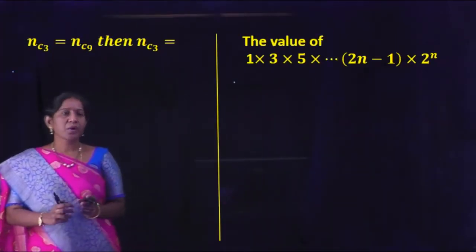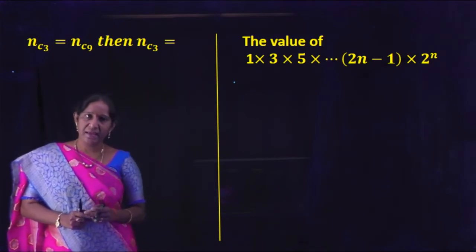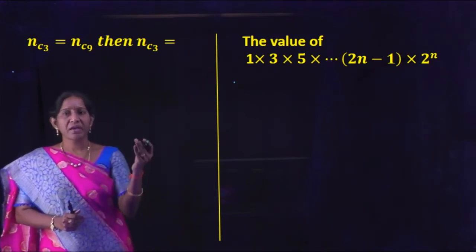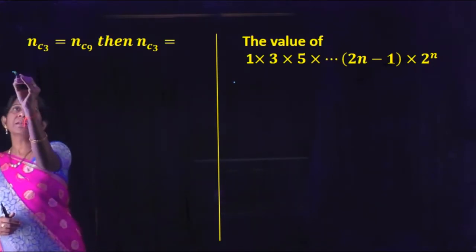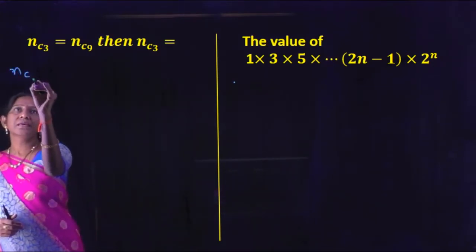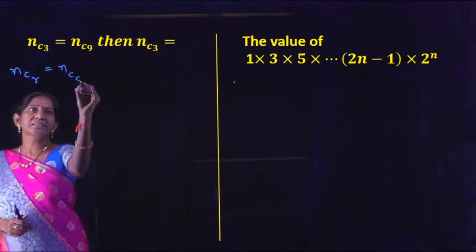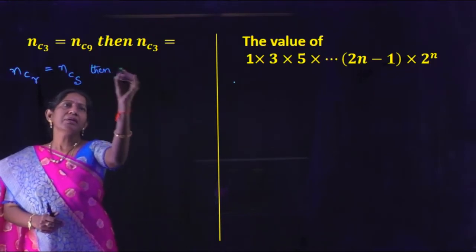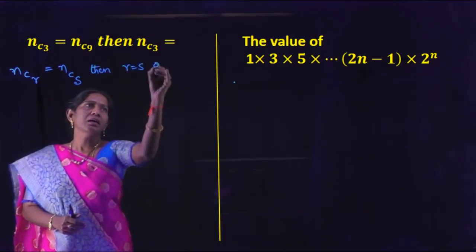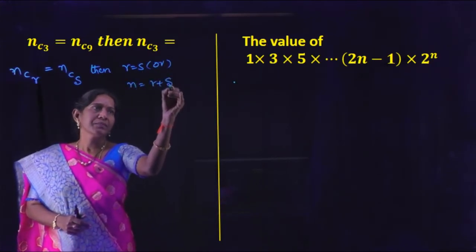See the given problem: nC3 equal to nC9, then find the value of nC3. Now, the given form is nCr equal to nCs, then r equal to s or n equal to r plus s.